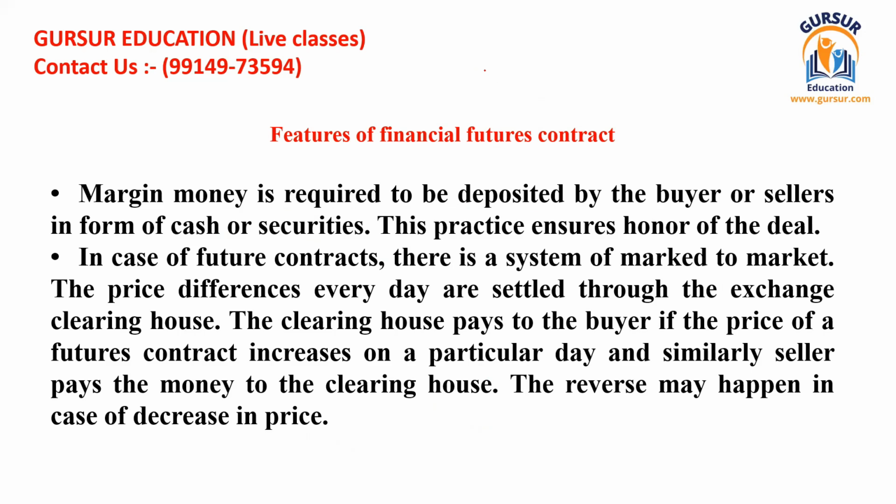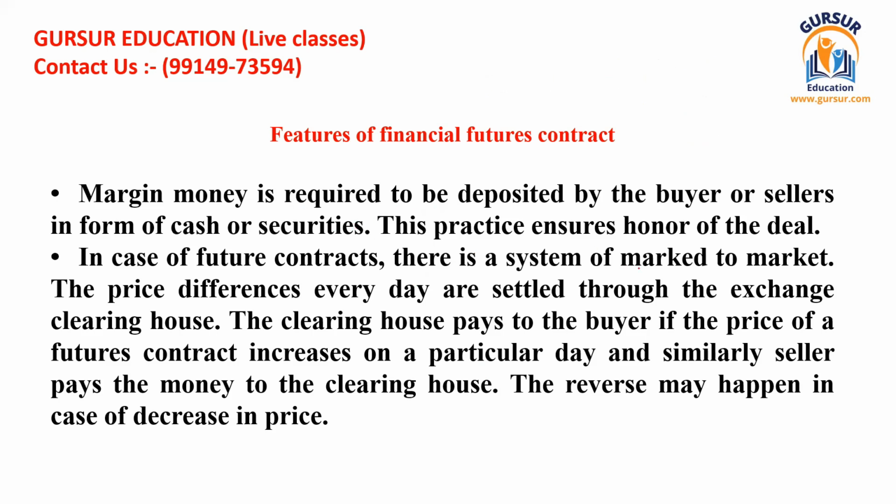That broker has opened your demat account, and under this demat account there is a trading account as well. In this trading account you always need to have margin money, only then you can purchase the contract. You must have margin money. So this is known as margin money required to be deposited by the buyer or seller.